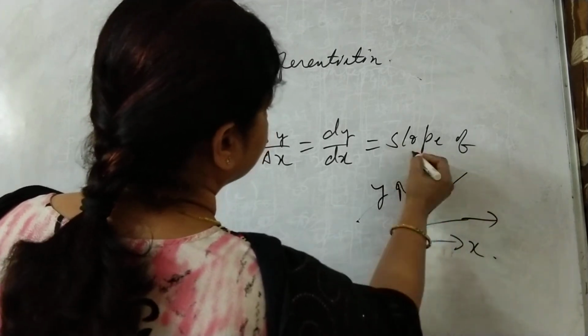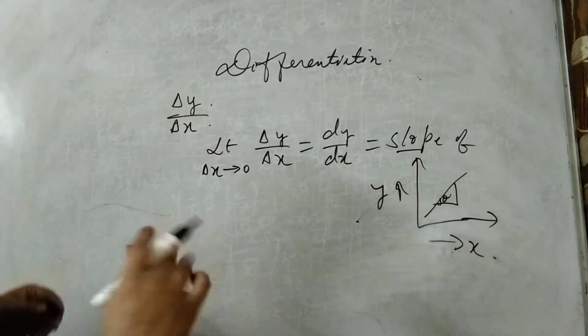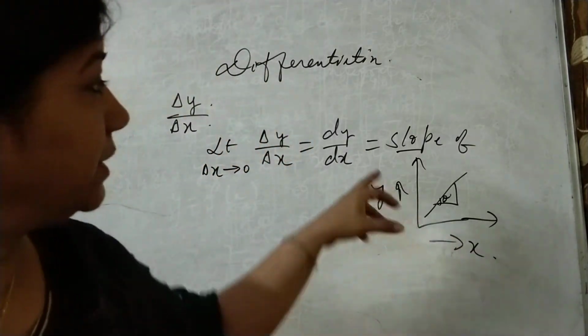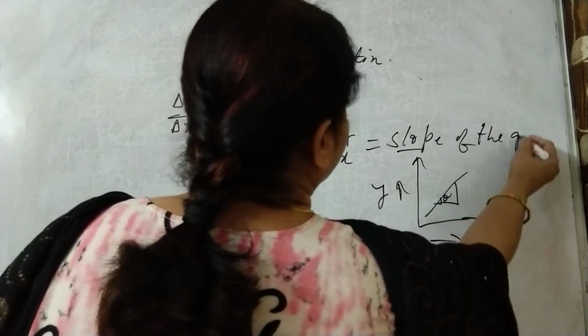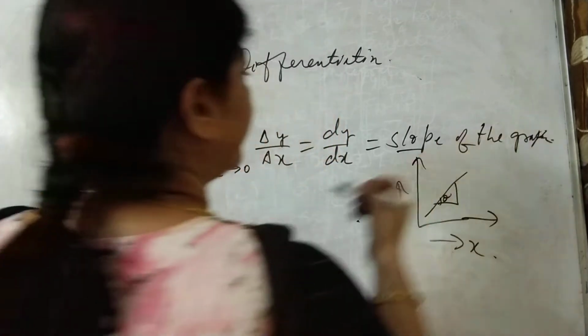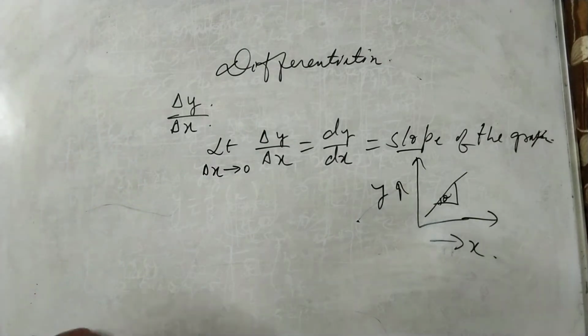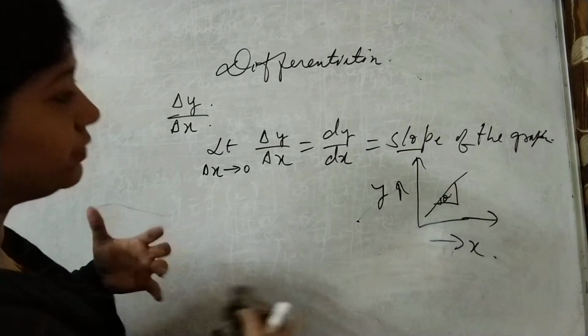It is representing the slope, which is tan theta. Values again should be very small. So this is representing the slope of the graph. This is what exactly is meant by this. Now let us see some values and how we can differentiate a formula, and then we will do more on it.